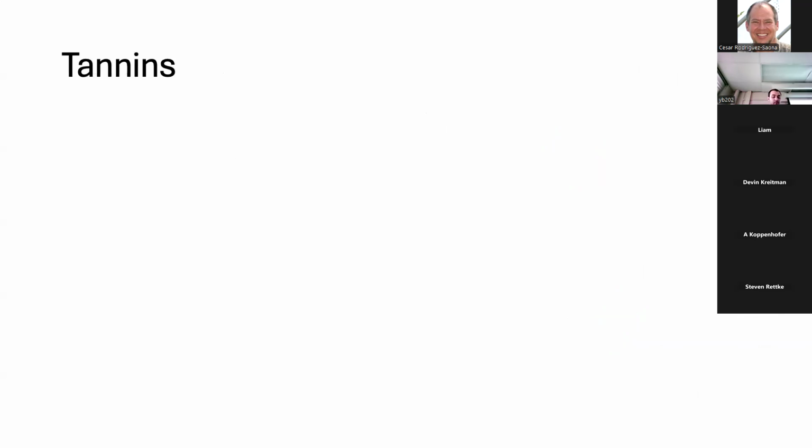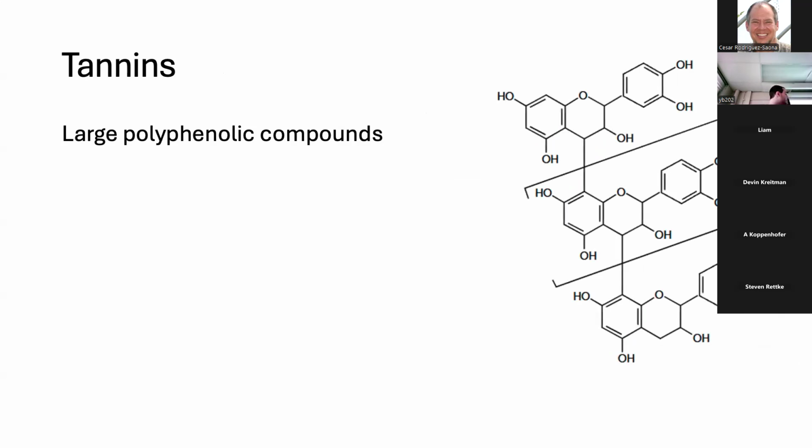And then that brings us to tannins. These are large polyphenolic compounds, such as this one. In this specific case, this is a large compound made of flavonoids, because here is one kind of flavonoid group of the C6, C3, C6.